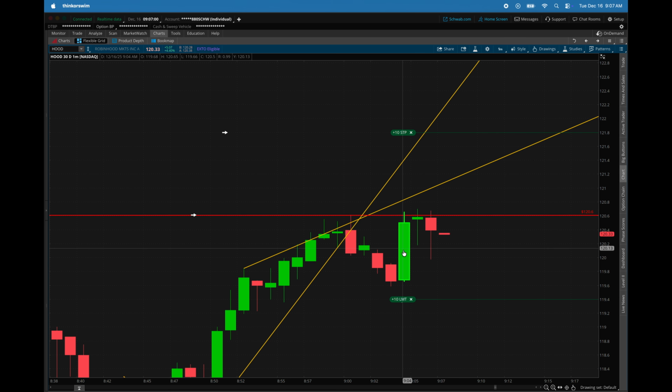The buyers are definitely pushing it, but this is the high, so it should give some push, but you never know. But this is most likely probably the area that I have for bearish.